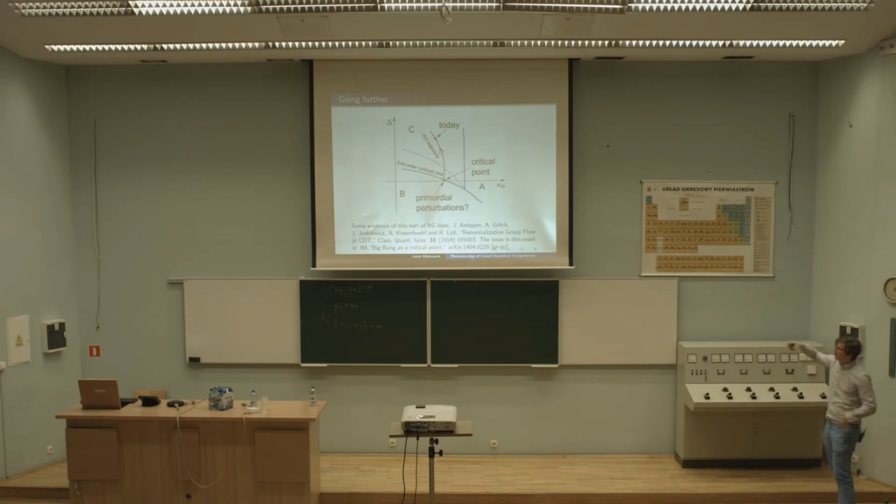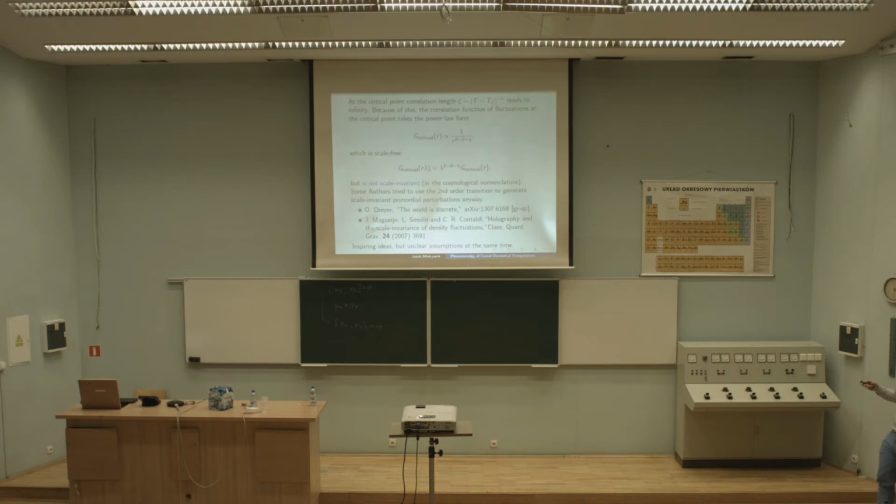And then if you go to lower energy, if you decrease your temperature, at some point the second order transition takes place, and you may pass to the geometric phase where the notions of coordinate system and metric make sense. So that's a possibility, and the question is whether we can really extract something from that.